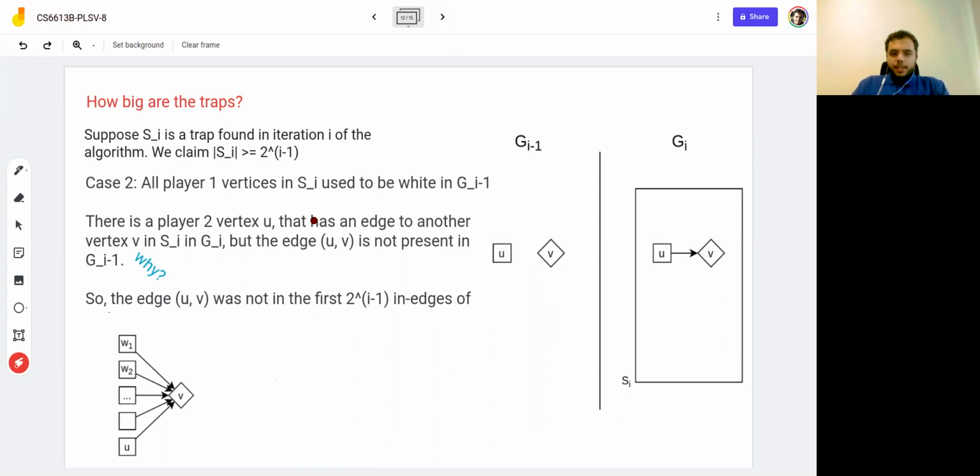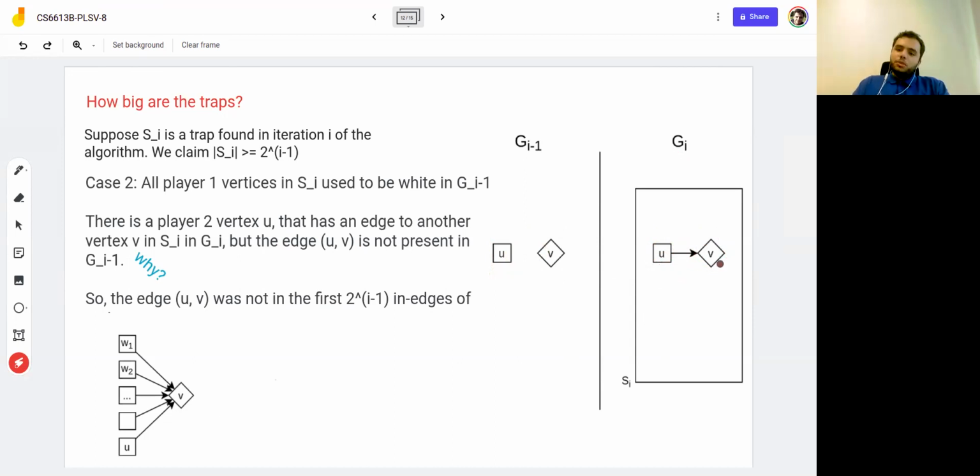So this is what I claim. I claim that there is a player 2 vertex U inside my trap, and this player 2 vertex U has an edge to another vertex V, and this edge is in G_i. But I also claim that this edge was not present in G_{i-1}. So we have a pair of vertices U and V. U is a player 2 vertex.